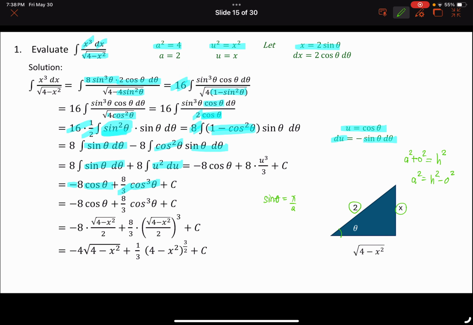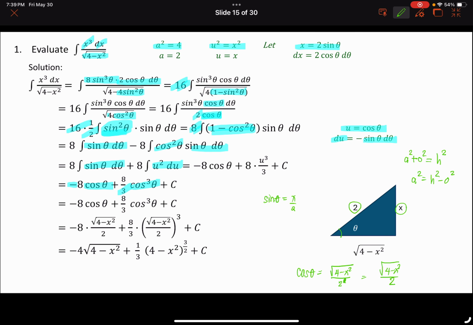Since we will be needing cosine theta, cosine theta is adjacent over hypotenuse. So that is the square root of 4 minus x squared over 2.